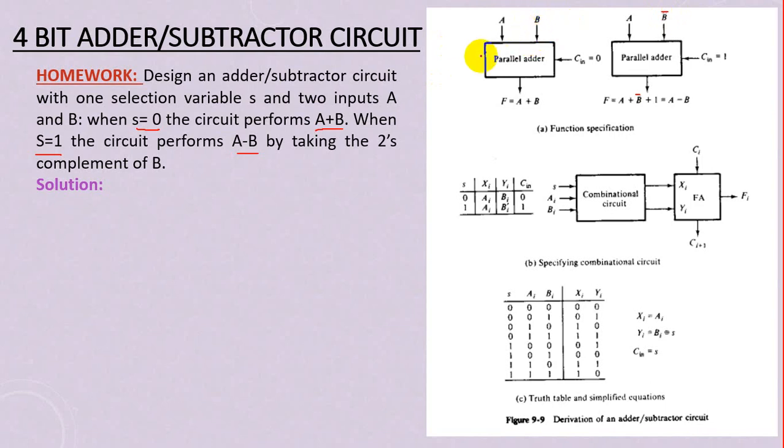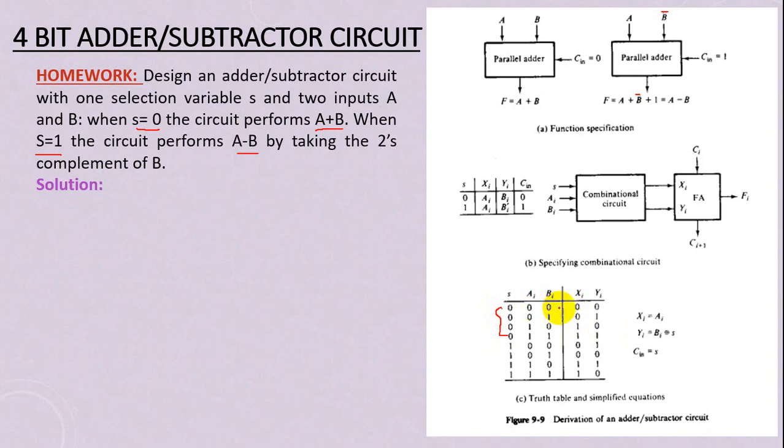When the selection pin is S equal to 0 and carry in equal to 0, that means when the selection pin will be 0, 0. Look at over here. When the selection pin is 0, 0, 0, there can be 4 ways.